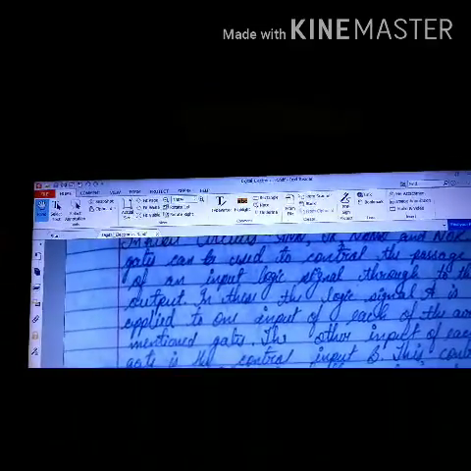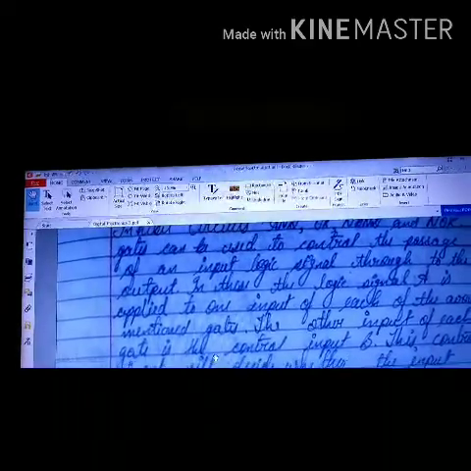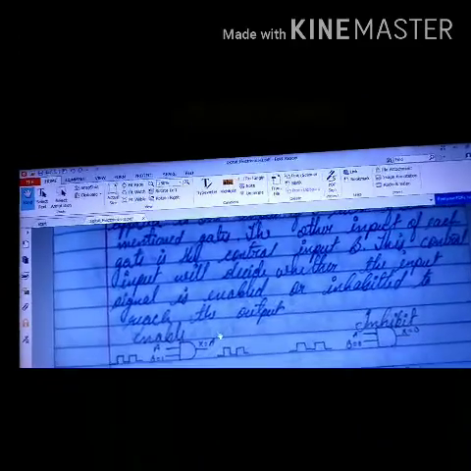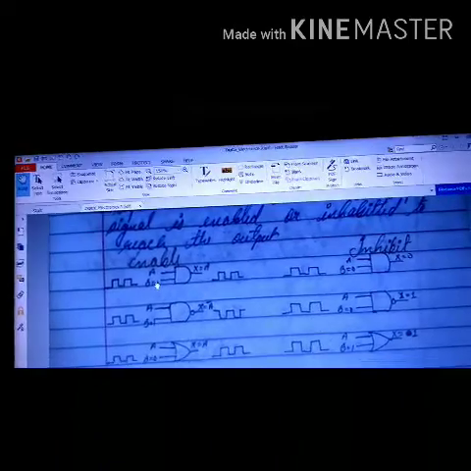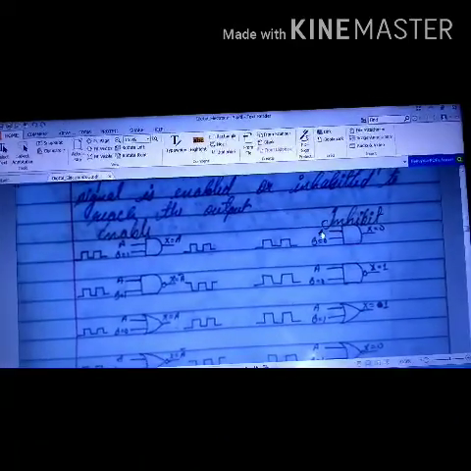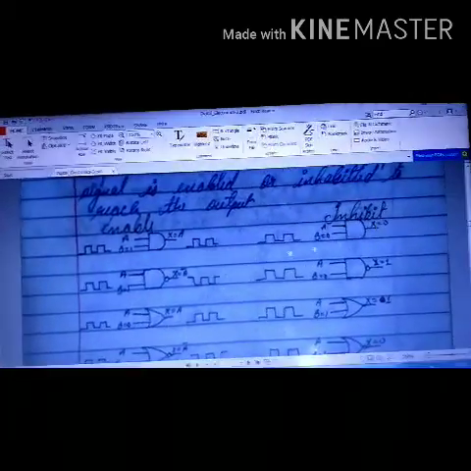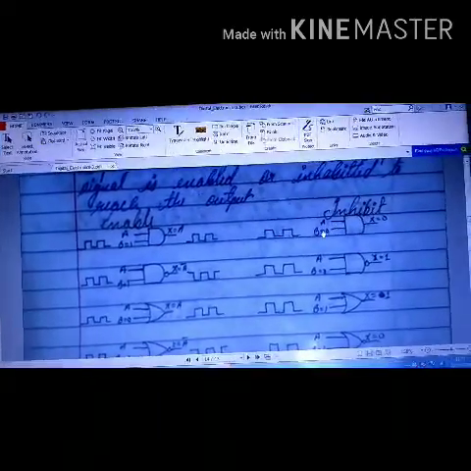The other input of each gate is the control input B. This control input will decide whether the input signal is enabled or inhibited to reach the output. So if I have A here and B is equal to 1, I will get X equal to A. However, if B is equal to 0, I will get X equal to 0. So this is enable if B is equal to 1, and inhibit if B is equal to 0 for the AND gate.